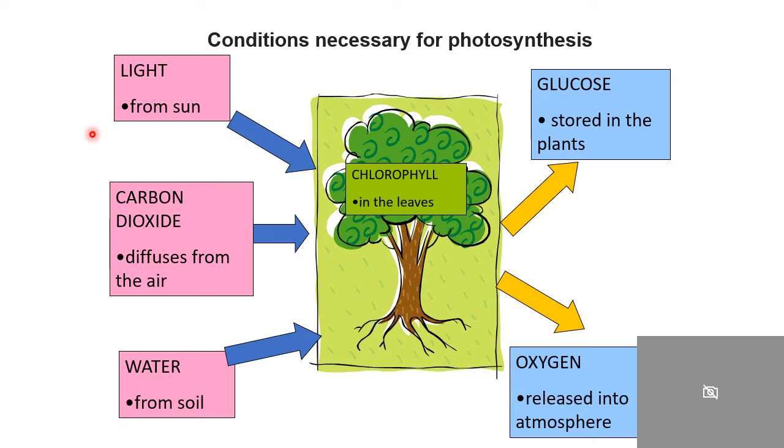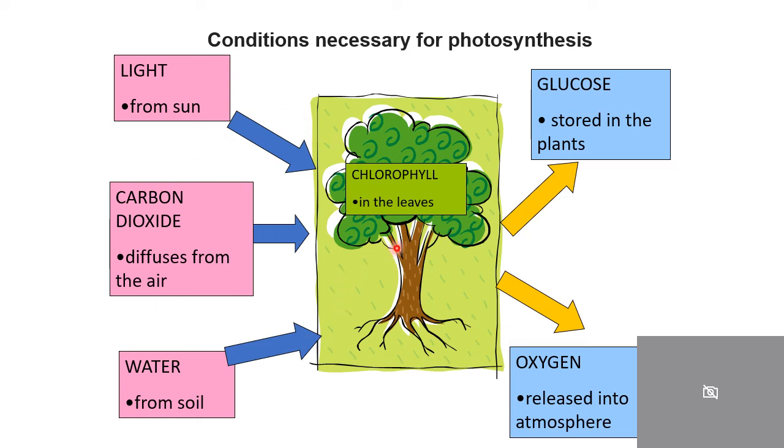And apart from these three basic things which are required, the most essential part is the green pigment chlorophyll, because if chlorophyll is not there, will the leaves be able to absorb the sun rays or the sunlight? No. So all these four things are very essential for the process of photosynthesis.